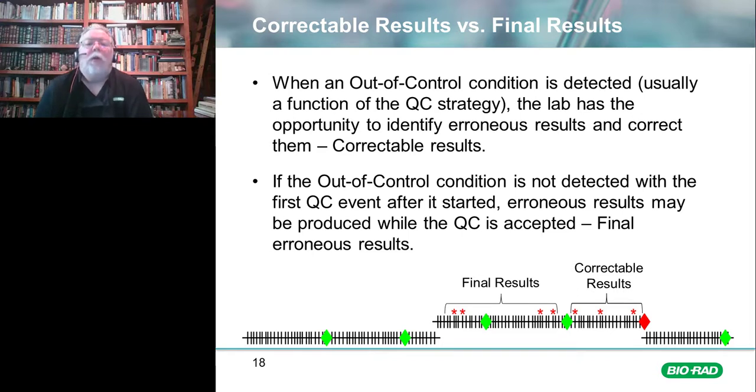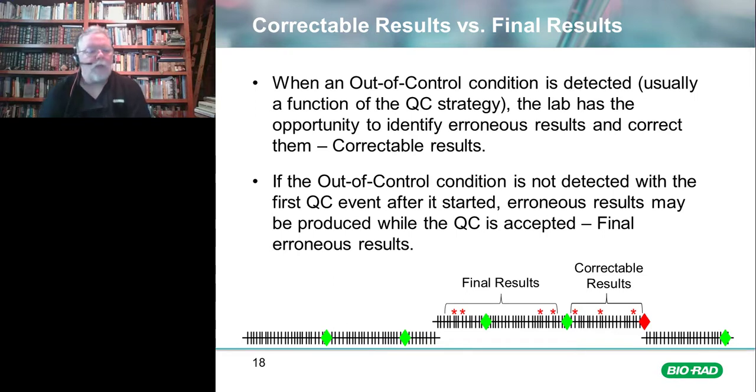And so our QC rules do not have 100% probability of detecting an error. And so in this case, we didn't. So you can see that this error condition is not so large that it's pushing every specimen result outside the quality specifications, only a fraction of them. And now I've passed QC.